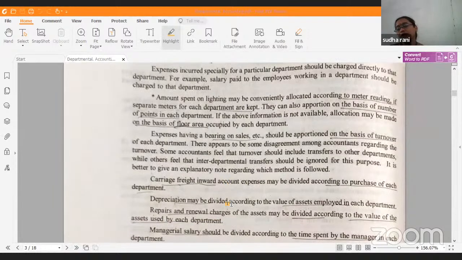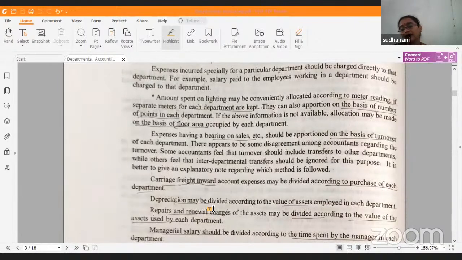Depreciation, again, based on assets employed by each department. Assets like furniture, shelves, rugs, whatever he placed on different floors, all those make up the total value of the assets. You calculate the depreciation on the total assets.